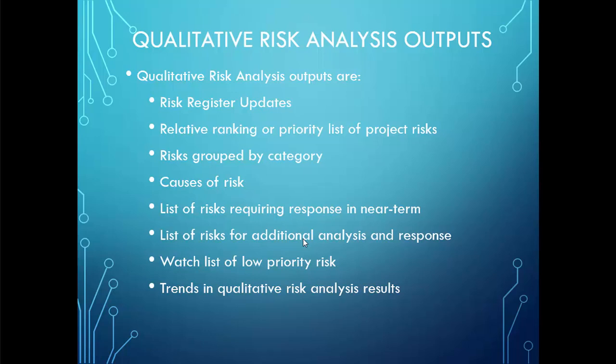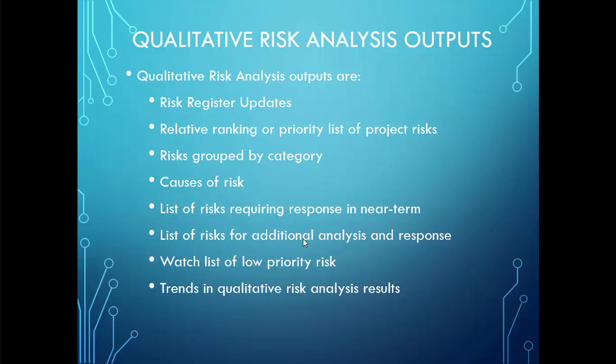As a result of the qualitative risk analysis, we can get updates for the risk register, for the plan. We can understand or identify causes of risk. We can get a relative ranking or priority list of project risks.